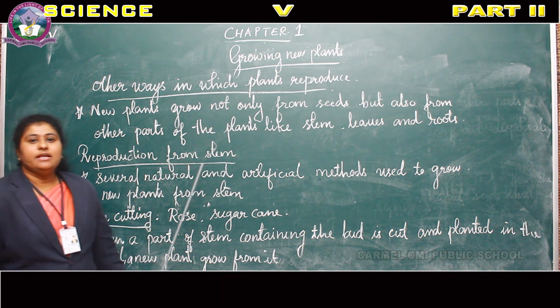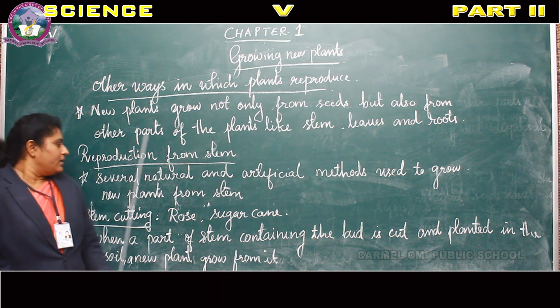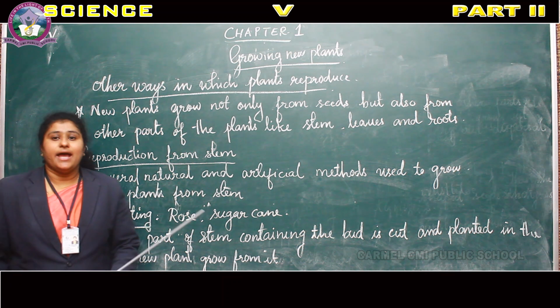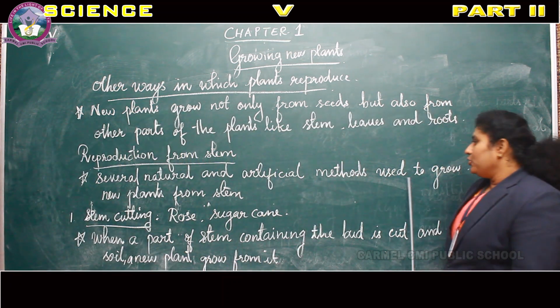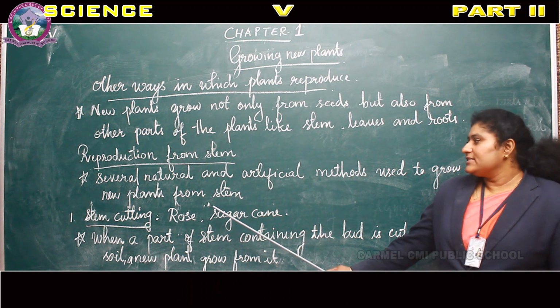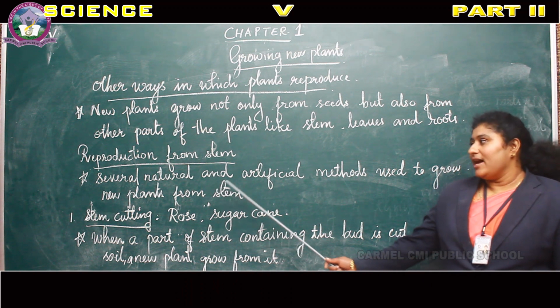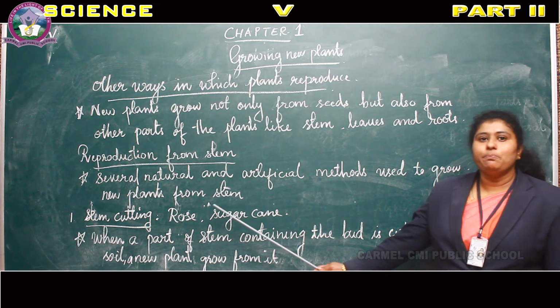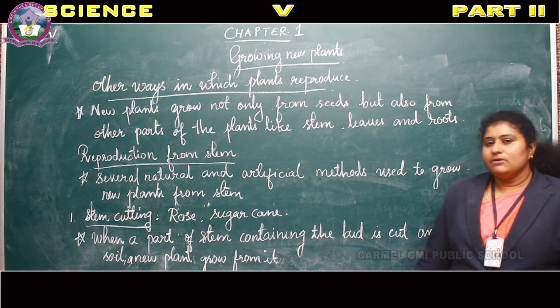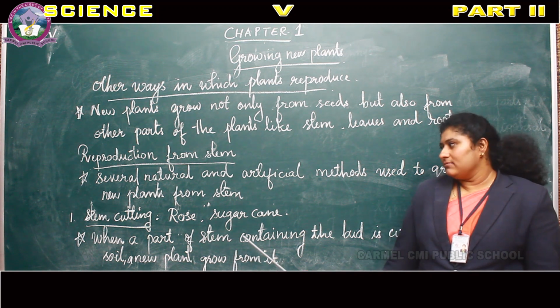Reproduction from stem. Several natural and artificial methods are used to grow new plants from stem. First one is stem cutting.